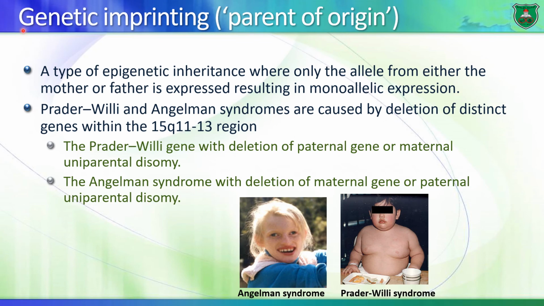Now there's another phenomenon known as genetic imprinting, or in other words, the parent of origin. The idea here is that there are about 80 genes that must be expressed from one of the parents specifically. For some genes, it's the maternal allele that must be expressed, and for other genes, the paternal allele must be expressed, not the maternal allele.